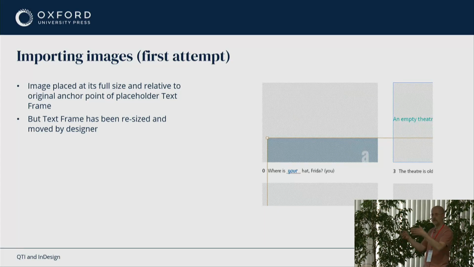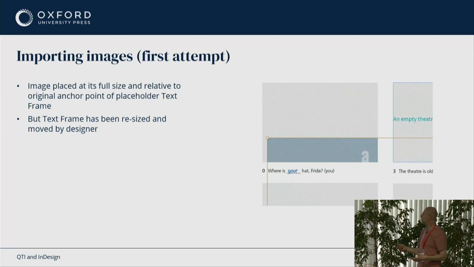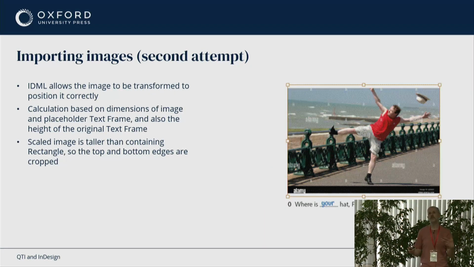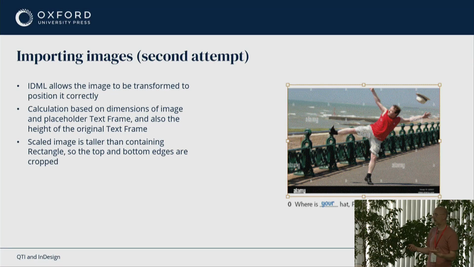So the text frame has been moved and it's been resized. So the image is now in the wrong place and it's the wrong size. So you have to do a big calculation. It's not entirely trivial on the numbers to scale the image and center it and position it correctly.